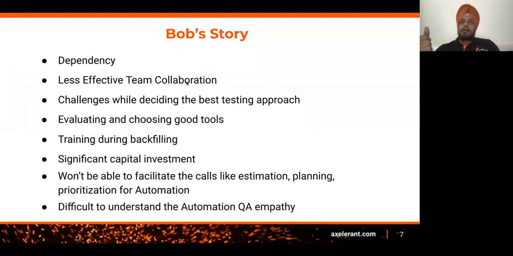Let's suppose a project came in and we are ready to give the estimation, do the QA planning and the prioritization for the automation. Then definitely Bob is supposed to reach out to the QA team member, or to the specific technical architect who has good knowledge about this automation.